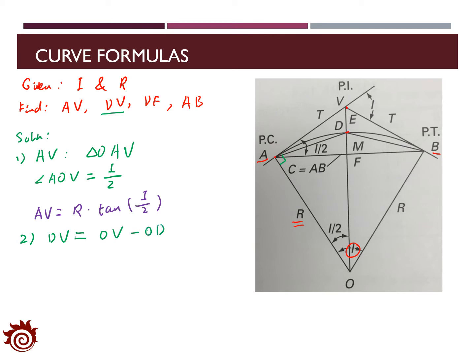Obviously, OD is just the radius of the curve, so that is R. For the length of OV, we can consider the right triangle OAV, where we know the angle here is half I, and the radius R. With that, we find OV equals R divided by cosine half I, so DV equals R divided by cosine half I minus R. And that's the way for us to find the value of DV.